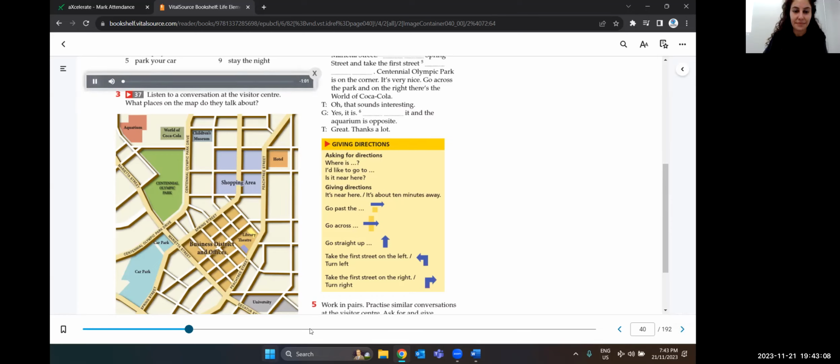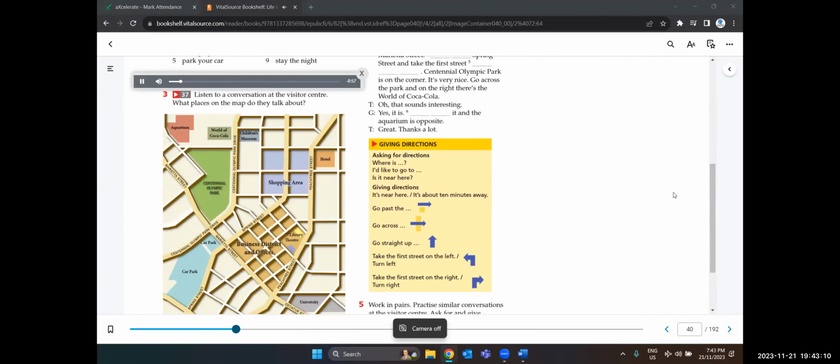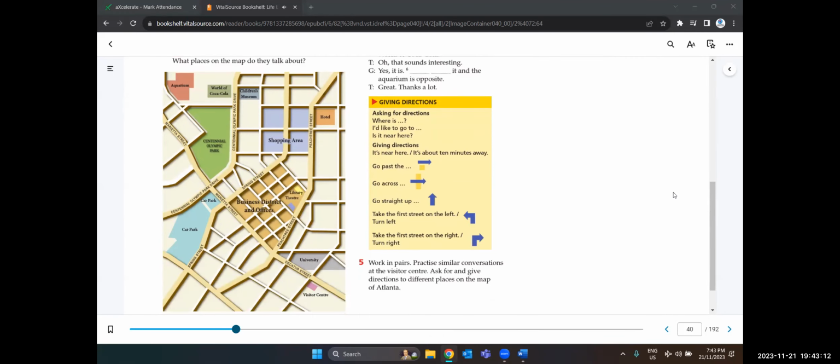Track 37, Unit 3D. Hello. We'd like to go to the aquarium. Is it near here? It's about 15 minutes away. But you go past some interesting places on the way. So look at this map. Go straight up Decatur Street and then up Marietta Street.